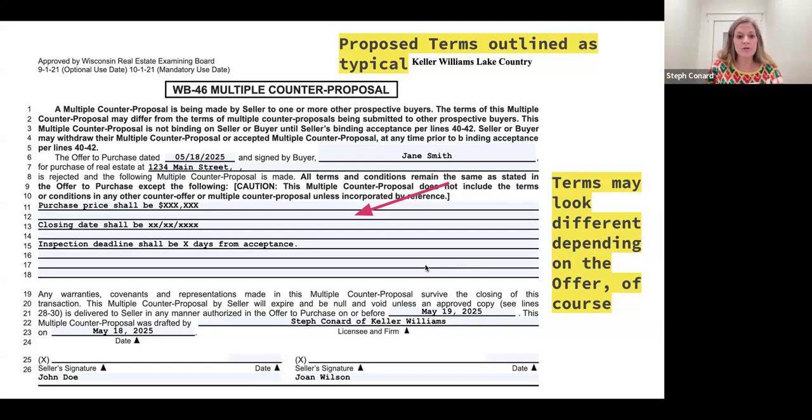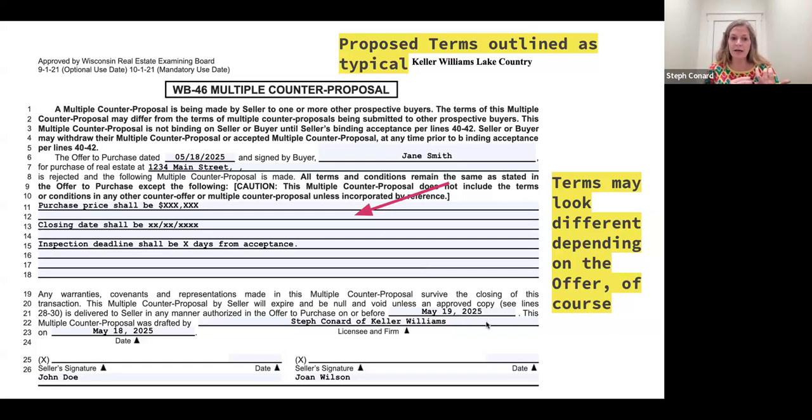The multiple counter proposal, I'm on line 20. The multiple counter proposal by the seller will expire and be null and void unless an approved copy is delivered to the seller in a manner authorized in the offer to purchase on or before blank.